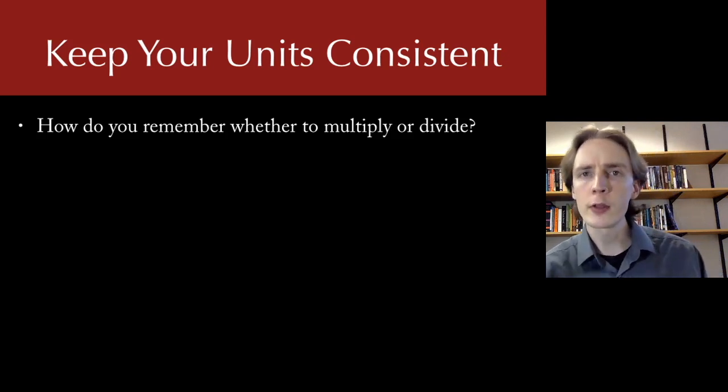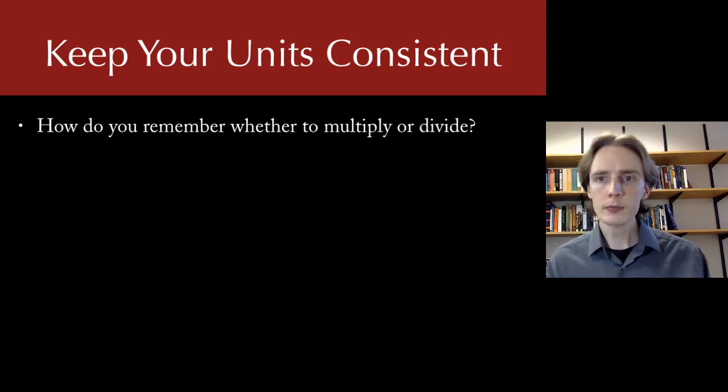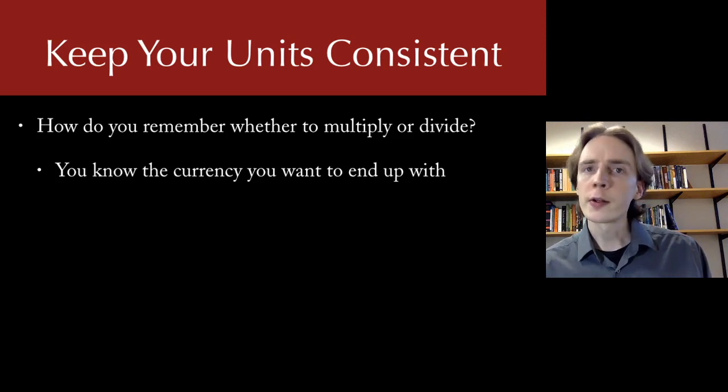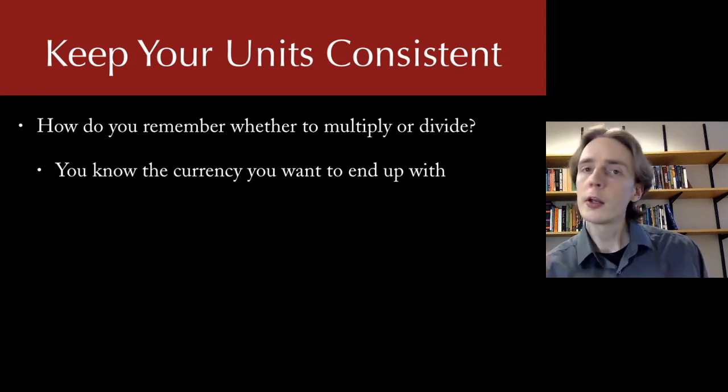And so keeping track of the units is going to anchor us and make sure we're doing everything in the right direction. So you know the currency you're starting with, and you know the currency you want to end up with. And if you carry through the units correctly, you're going to know whether you need to multiply or divide, as long as you remember that the home country's currency goes in the numerator.